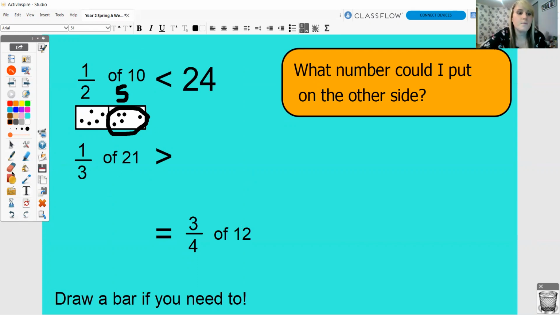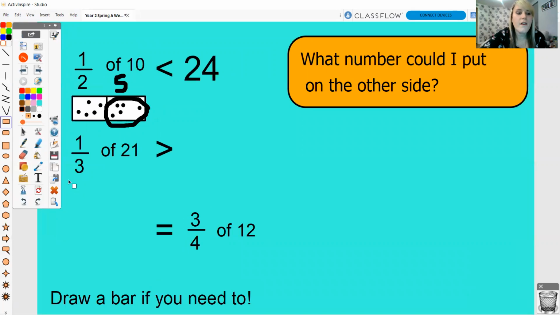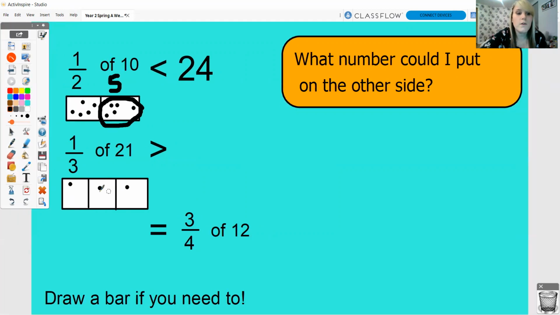And then over here, we've got 1/3 of 21. So again, we draw the bar, but this time we're going to divide it into 3 because it's a third and the bottom number, the denominator, is 3. We share out our 21. 1, 2, 3, 4, 5, 6, 7, 8, 9, 10, 11, 12, 13, 14, 15, 16, 17, 18, 19, 20, 21.